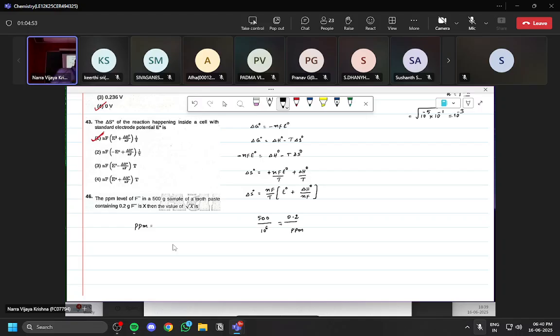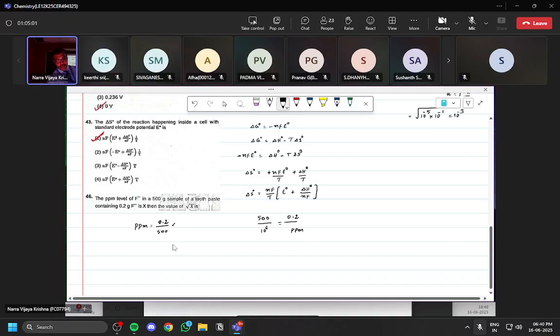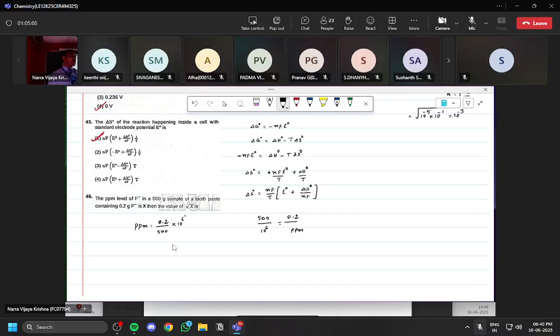Now what is ppm equal to? 0.2 divided by 500 into 10 power 6. I am writing this term as 2 into 10 power 5.